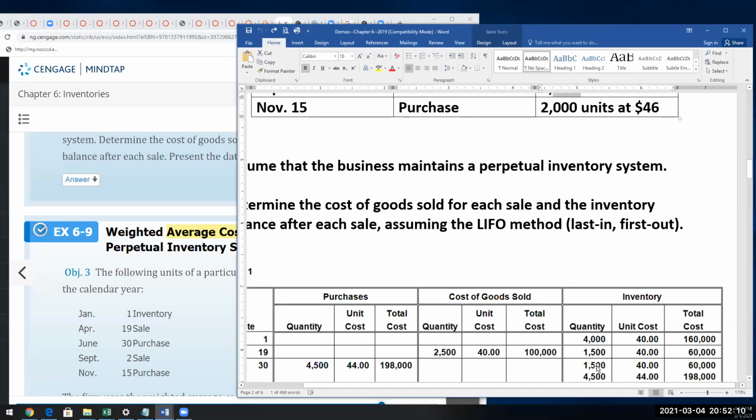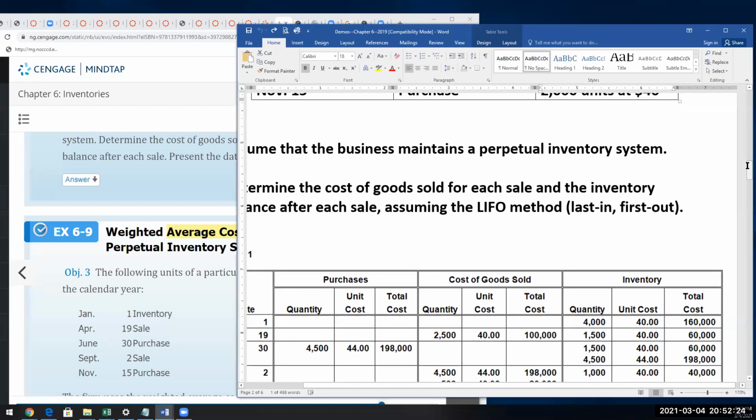So the customer doesn't know what pile it came from. They're identical. They're happy. And so when we sell the cost of goods sold, every one of these things are gone. Right here, the 4,500 are gone. So we come over to here. There it is. Last in, first out, that's all gone. So I just take these 3 numbers, put it over here because every one of them is gone.